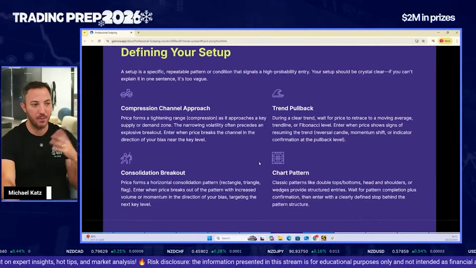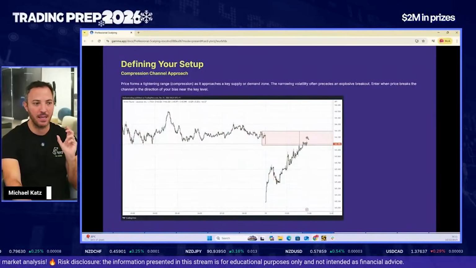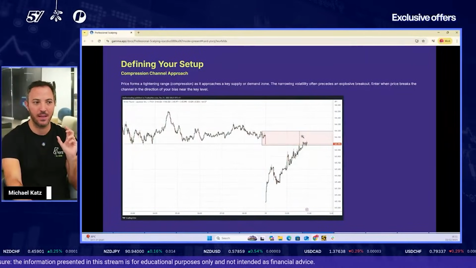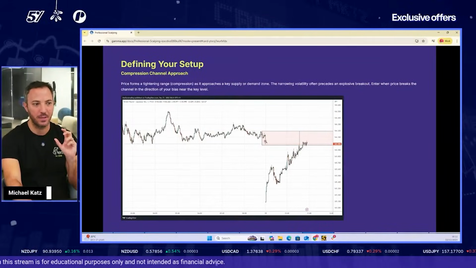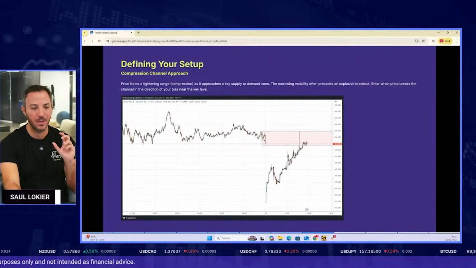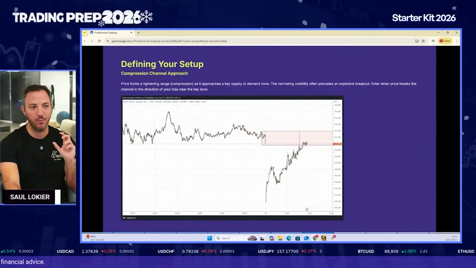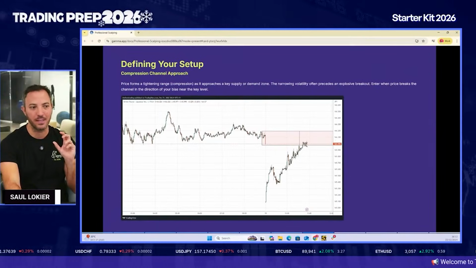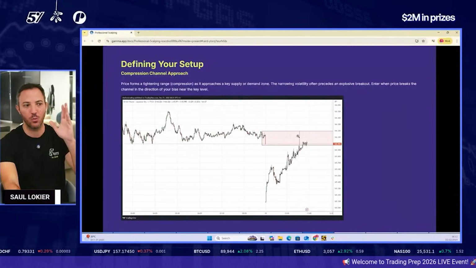So for example, in this trade, in this presentation, the setup is a compression channel retesting the key supply. We had the chart, we had the drop, we have marked our key level, and now we have a very weak price action. If we understand what's going on behind the scenes of this compression, we see there's no strong movement towards the key level.